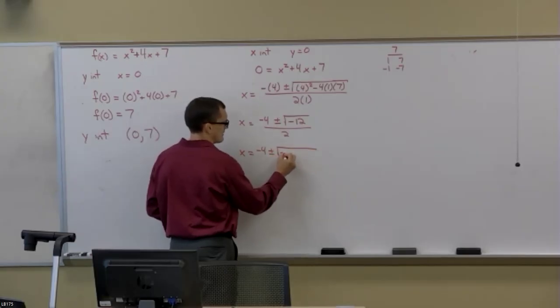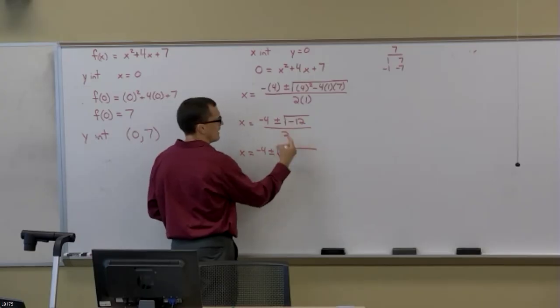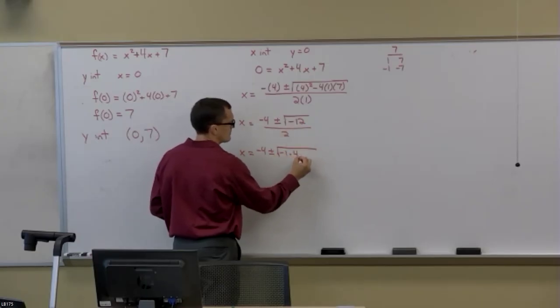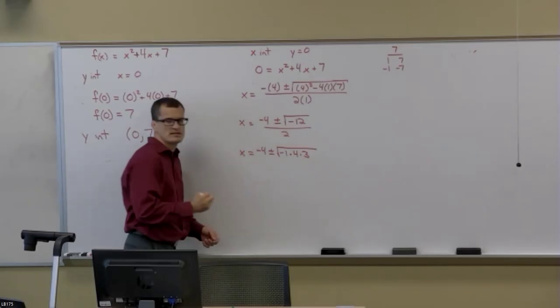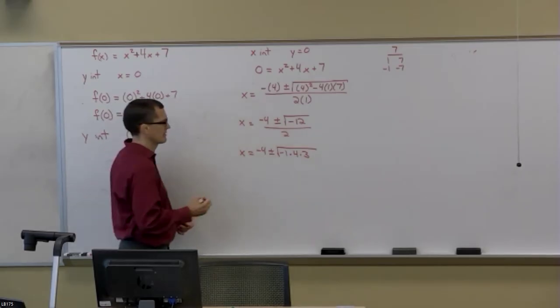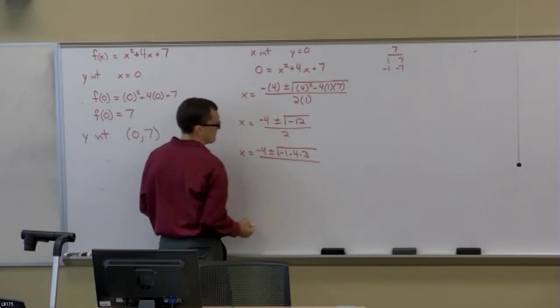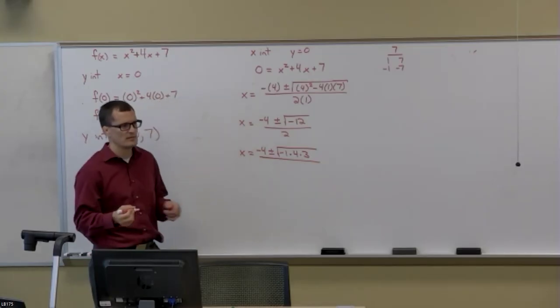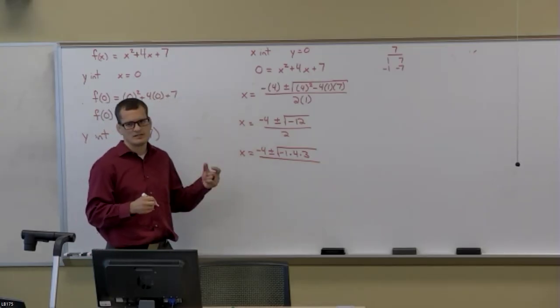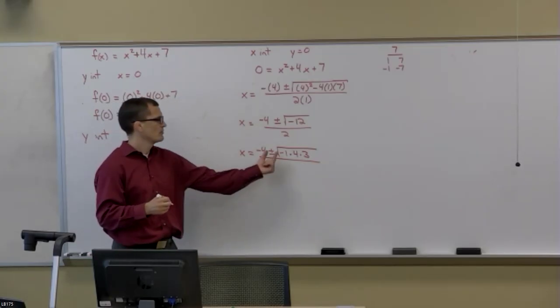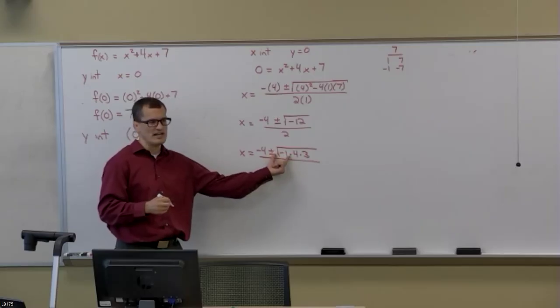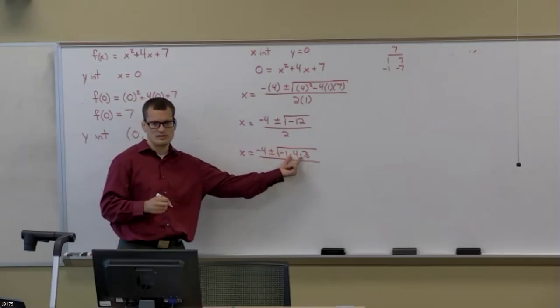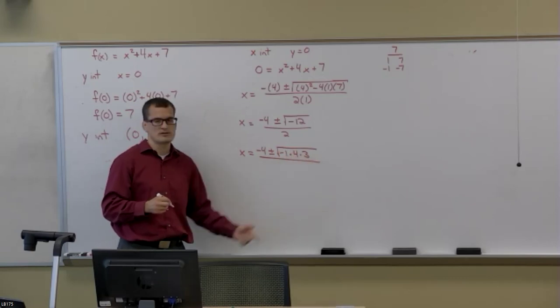Now I'm going to write this out. This is like -1 times 12, and 12 you can think of as 4 times 3. I'm writing it that way because when we went through complex numbers, you know how to do square roots. Square root of -1, that's an i. Square root of 4, that's a 2. And then there's going to be a square root of 3 left over.